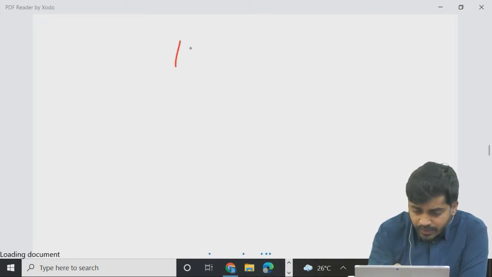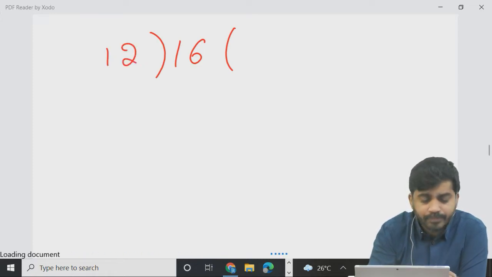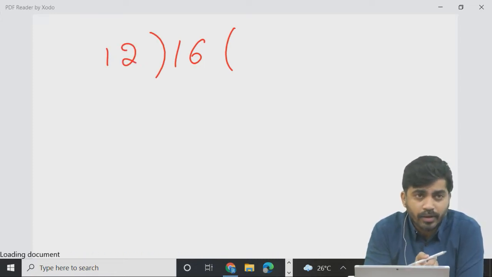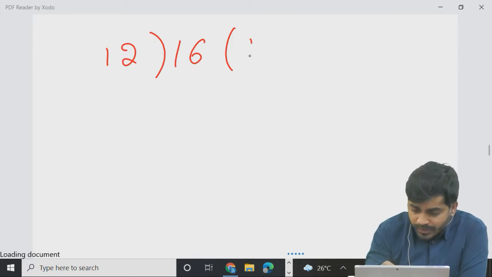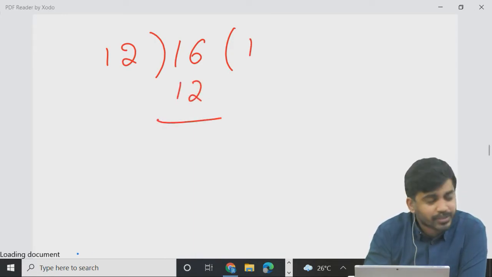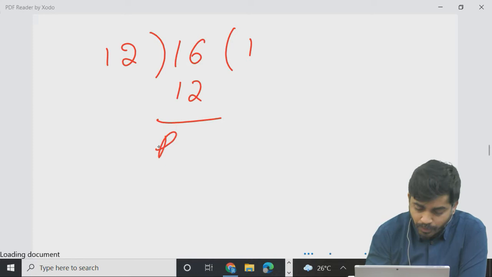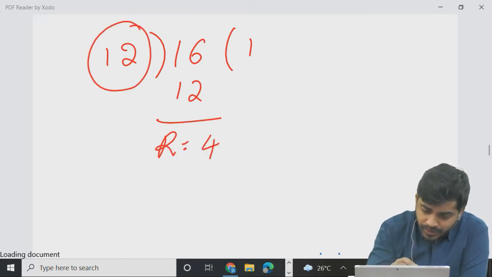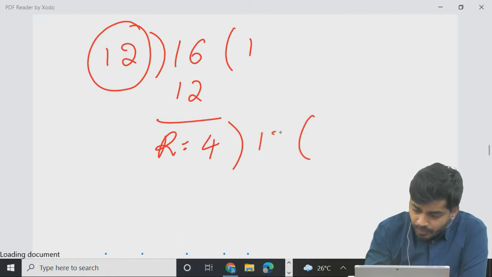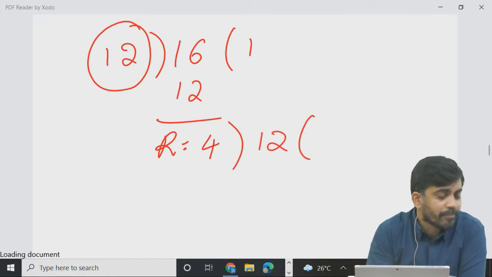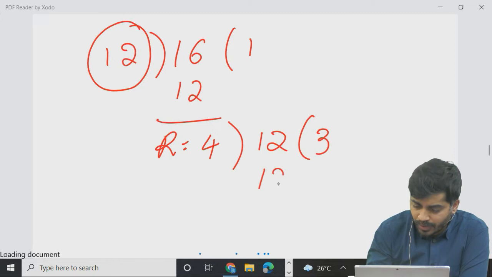We'll divide the larger number, 16, by the smaller number. This is the normal division method. 12 ones are 12, 16 minus 12, remainder is 4. We'll take this divisor and repeat the same way. 4 threes are 12.